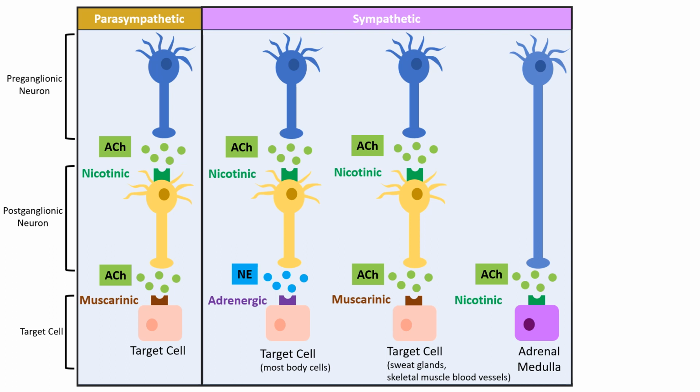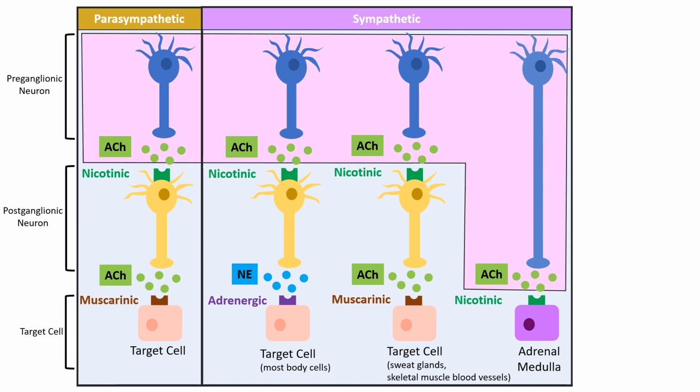Now, before we leave this screen, I want to point out some patterns. The first pattern is that if you look at the first neuron, even if there's only one neuron, as in the case of the adrenal medulla, the first neuron in a two-neuron series, or in the case of the adrenal medulla, always releases acetylcholine. So the preganglionic neuron always releases acetylcholine. And even that first neuron in the relationship with the adrenal medulla also releases acetylcholine.